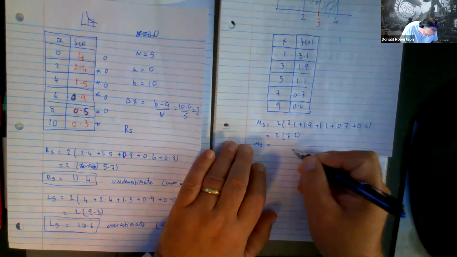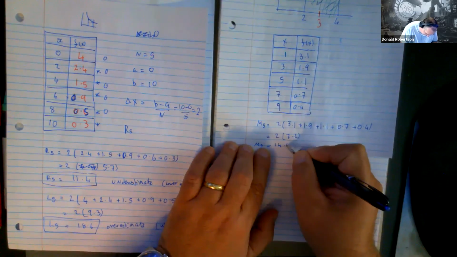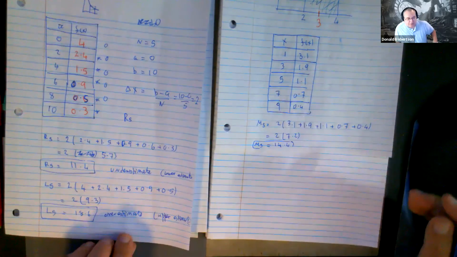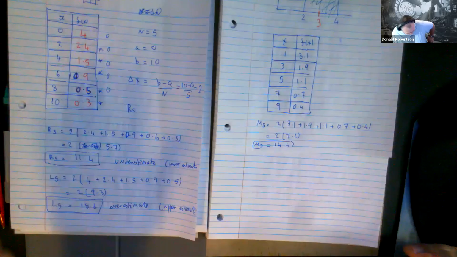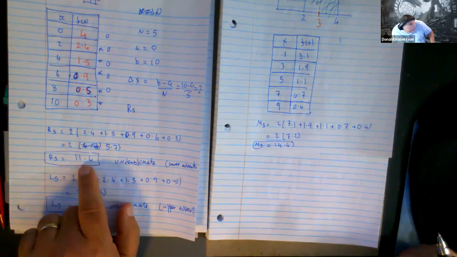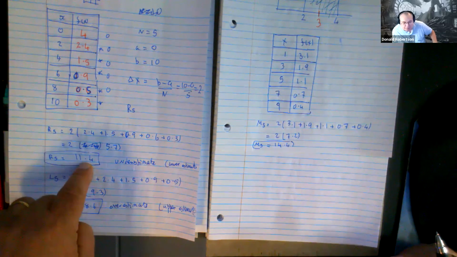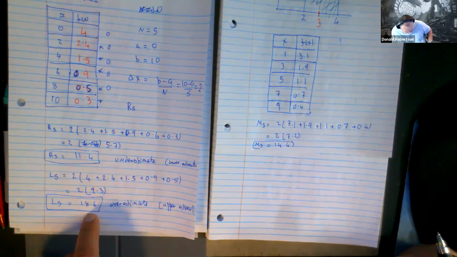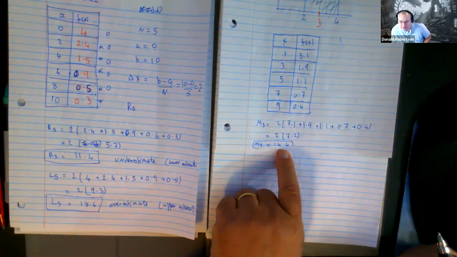And that gets us 14.4. So for that one shape that we were dealing with, we know that there's an underestimate of 11.4, there's an overestimate of 18.6, and our best guesstimate is it's about 14.4.